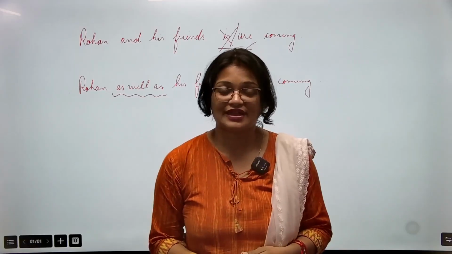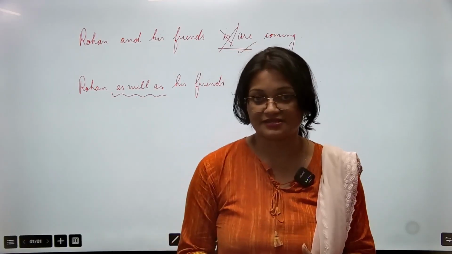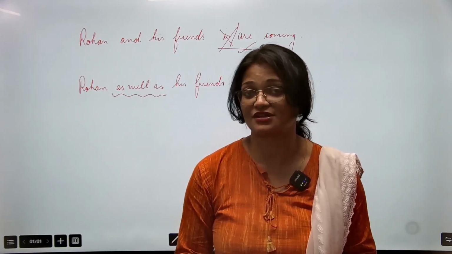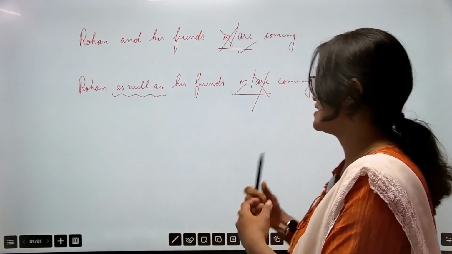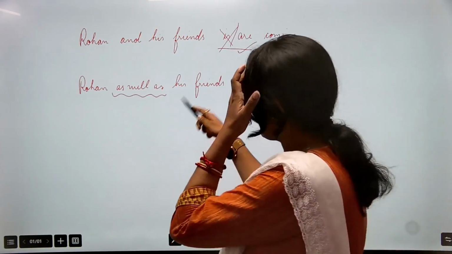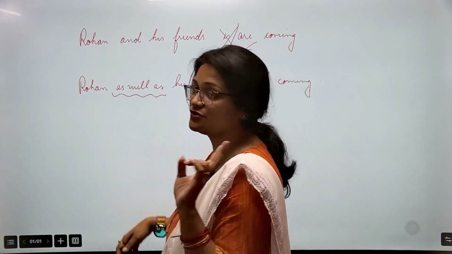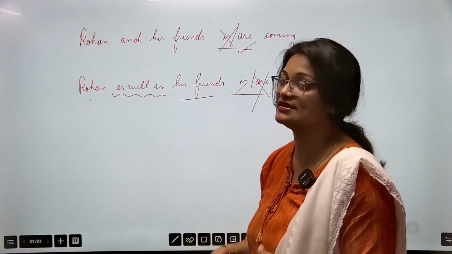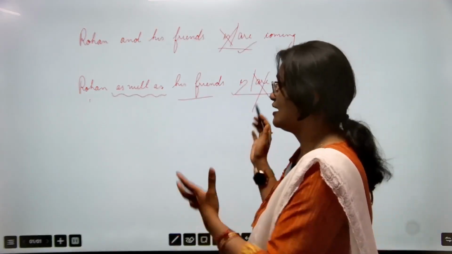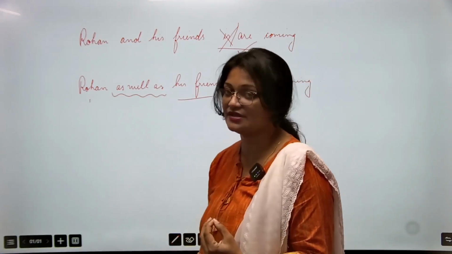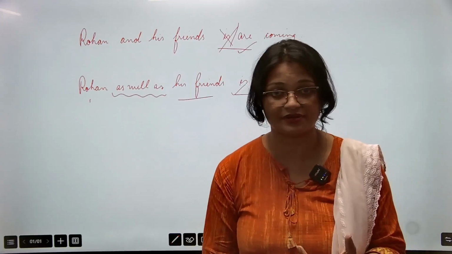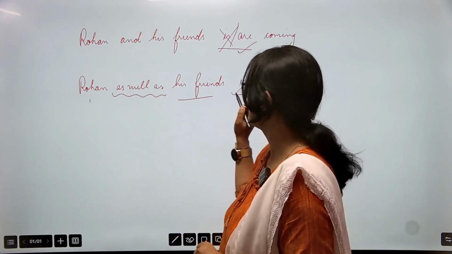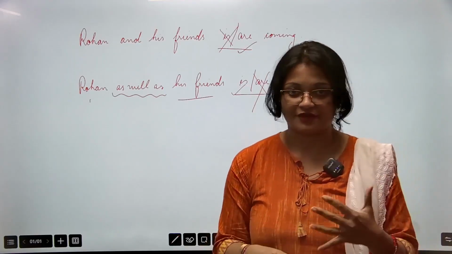So, whenever we find as well as in a sentence, we focus on the first subject of the sentence. Every sentence starts with a subject, right? And in this sentence, we have two subjects. One is Rohan, and the second subject is his friends. Here Rohan is the first subject, which is singular, one person, right? So if Rohan is singular, we are using a singular verb.